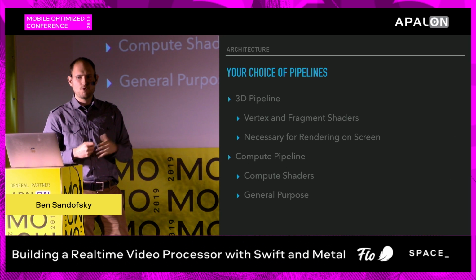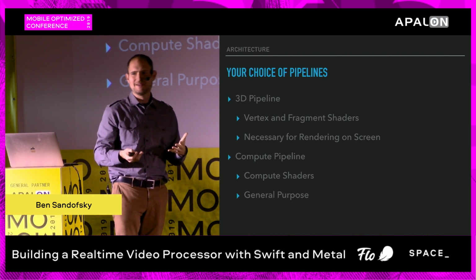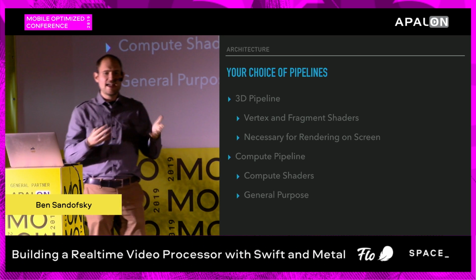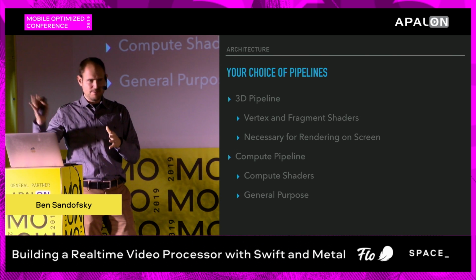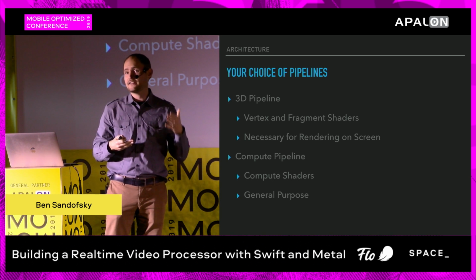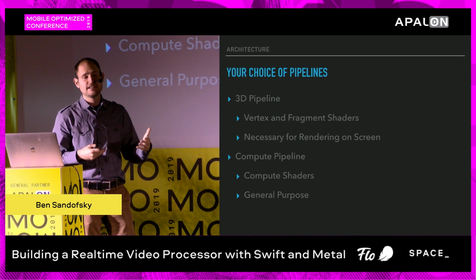And then more recently, there's been a movement toward a compute pipeline, which is for more general purpose GPU programming, basically Bitcoin mining. You could use it to write any massively parallelizable solution to a problem. That said, while this compute pipeline may be a little easier to understand, you still need to understand the 3D pipeline because that's what you're going to have to use to render content on screen using Metal on iOS.